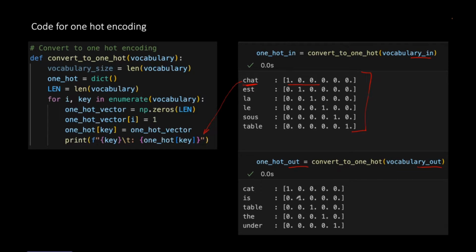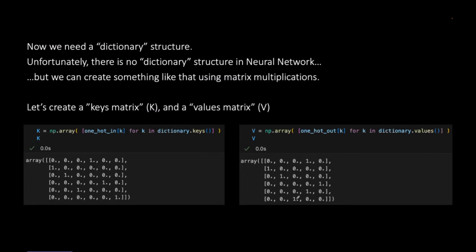All right, so the next item is that we have the input and the output vocabularies as vectors. So we have basically what we used to have before, where we had a dictionary with the keys and the values of the dictionary.